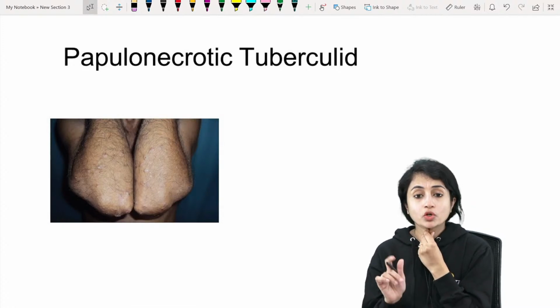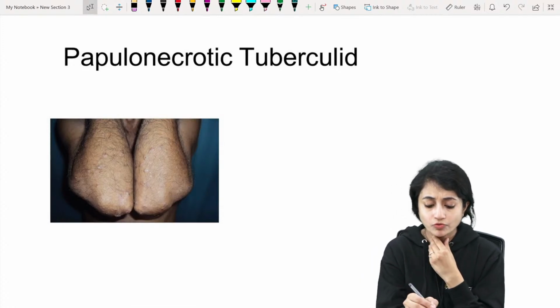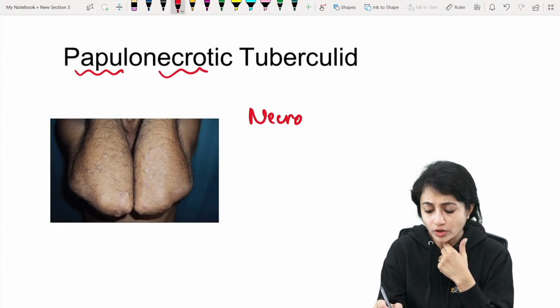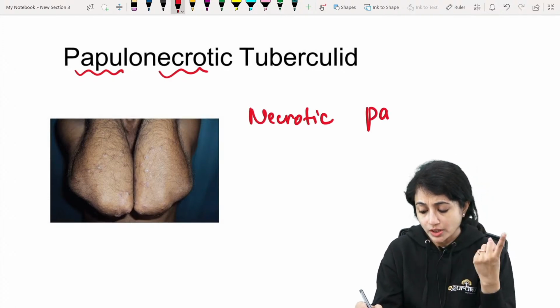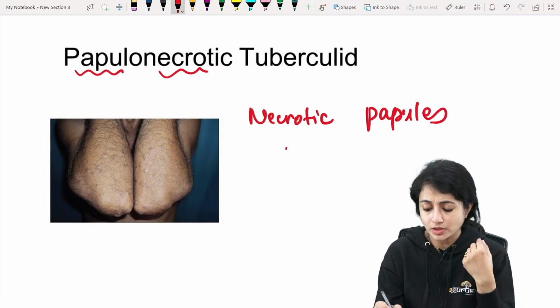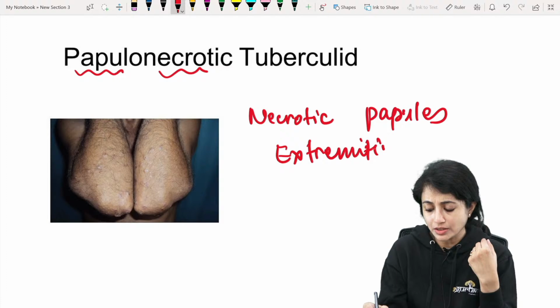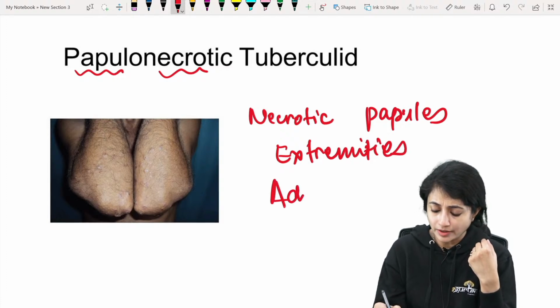Whereas papulonecrotic tuberculid is another type of tuberculid. So I see necrotic papules. That one was present on the trunk, this is present on extremities, and I see it more commonly in adults.